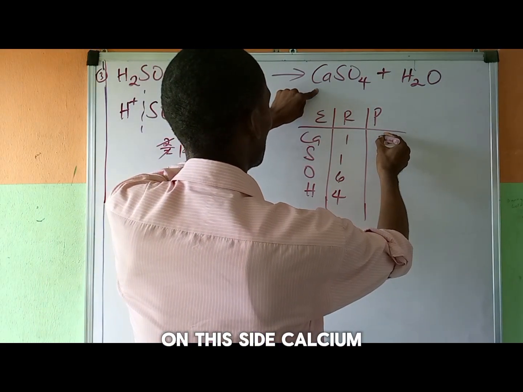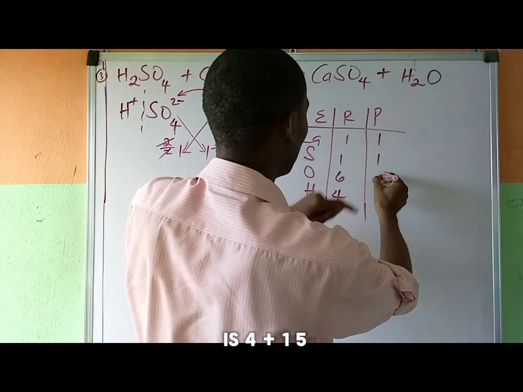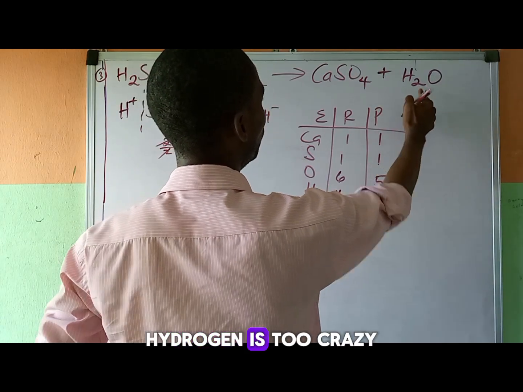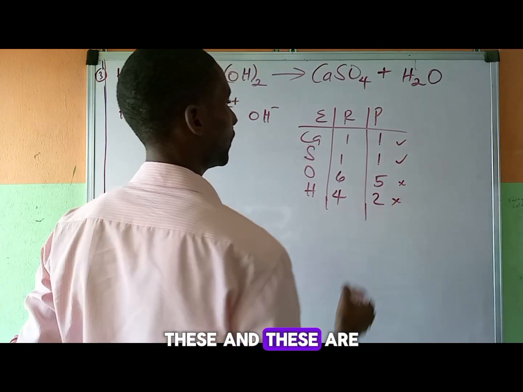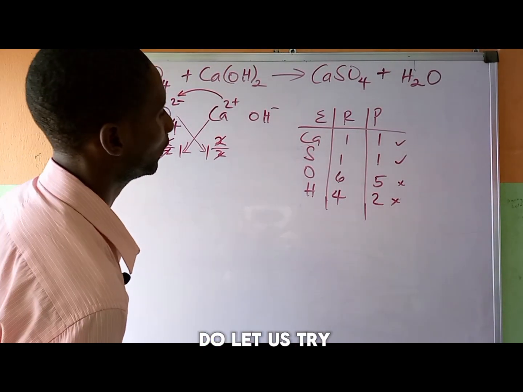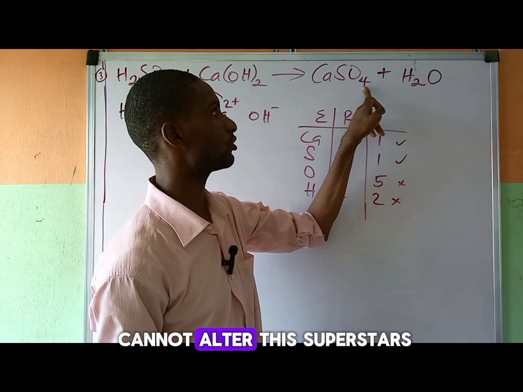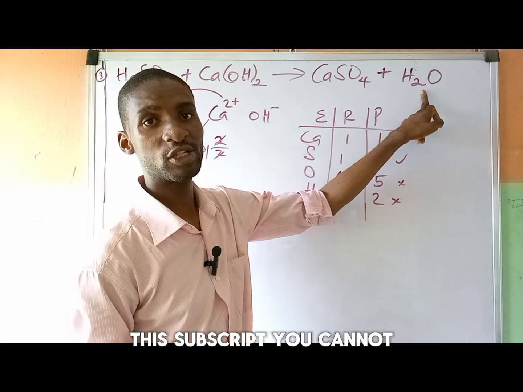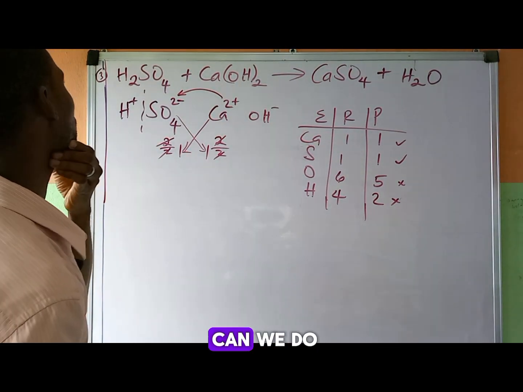On this side, calcium is 1, sulfur is 1, oxygen is 4 plus 1, 5, hydrogen is 2. Can you see? These are balanced, this and this are not balanced. So let us try to alter. Remember we said you cannot alter this subscript.